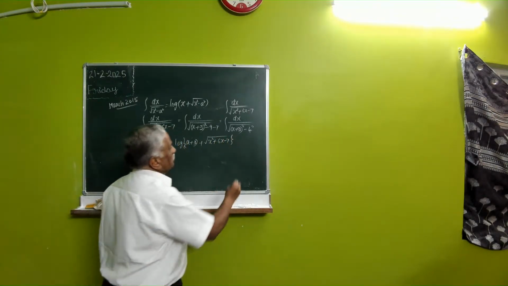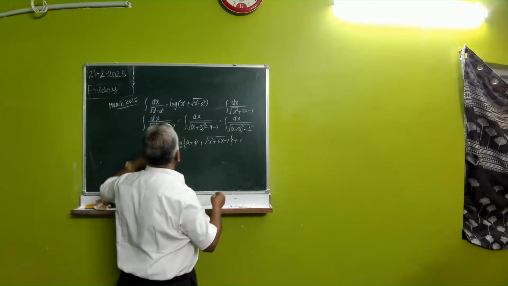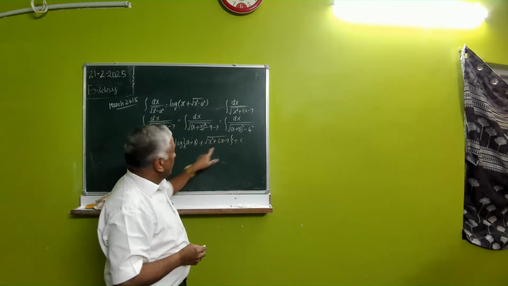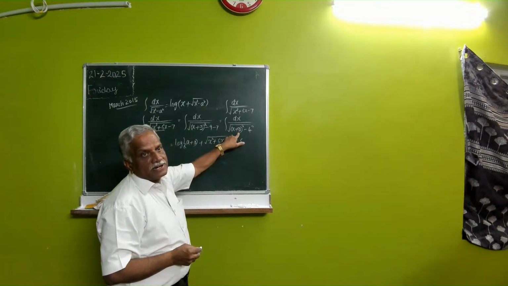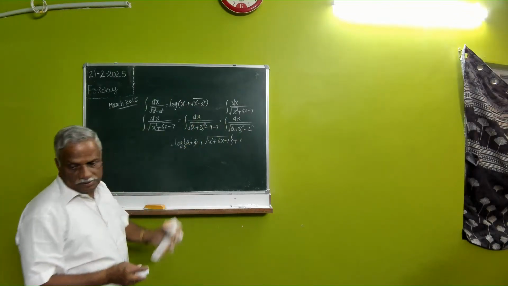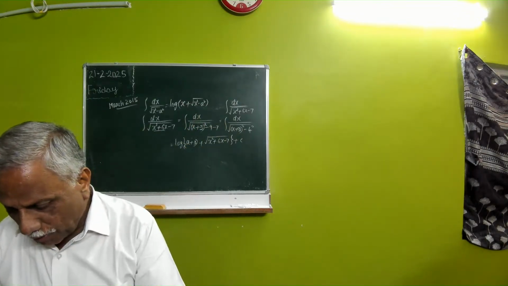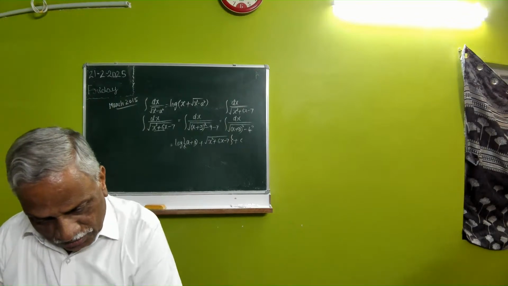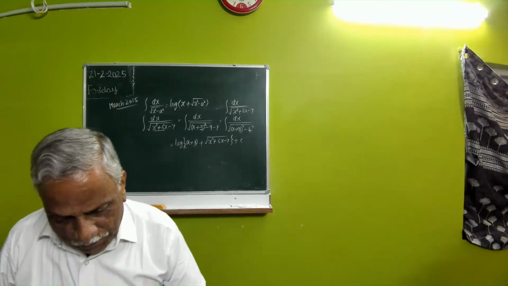I repeat, though it is not in the standard form, there is no need of dividing by any number because when you differentiate x plus 3, you get 1. So with this, we get only one problem every year. So we will move on to July 2015.